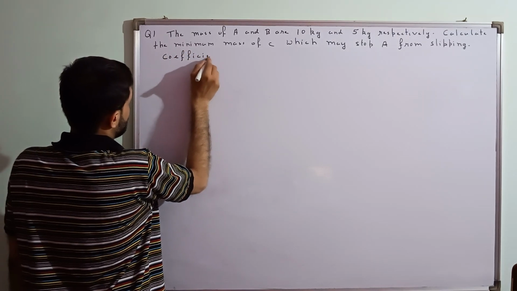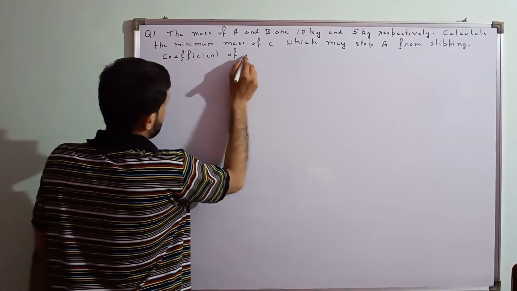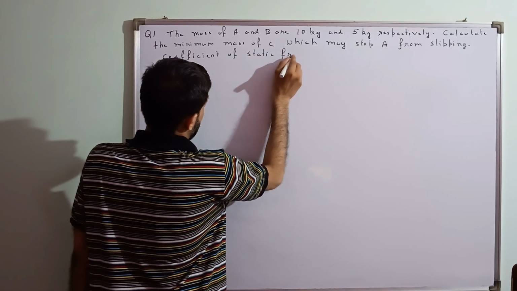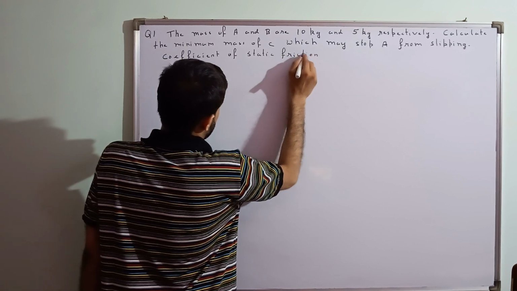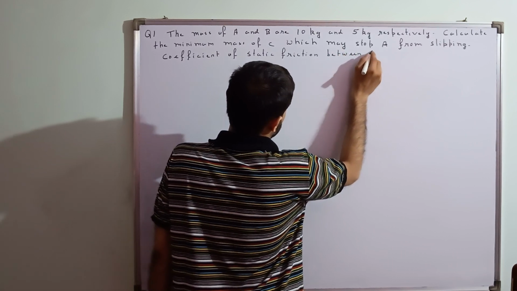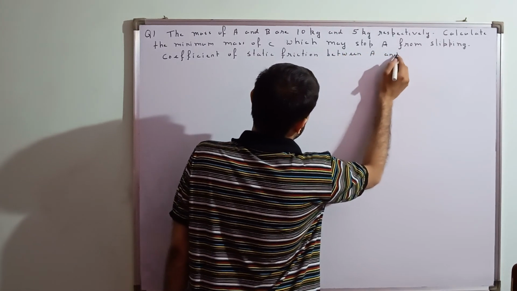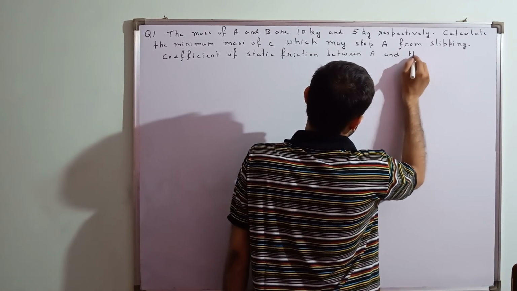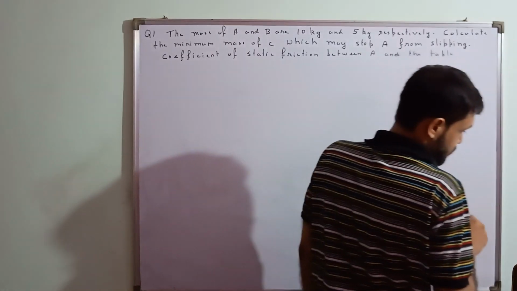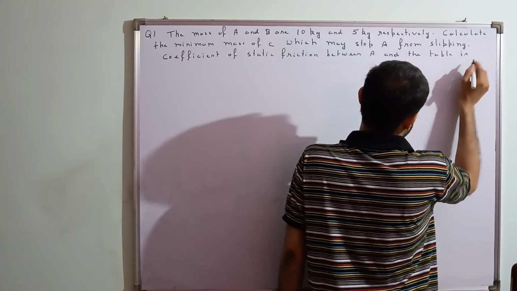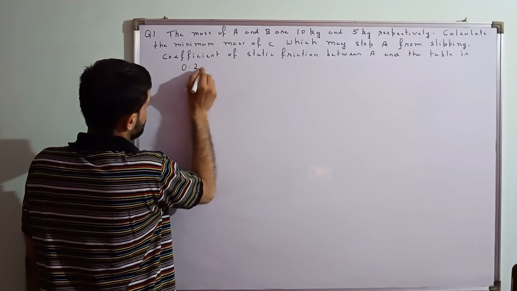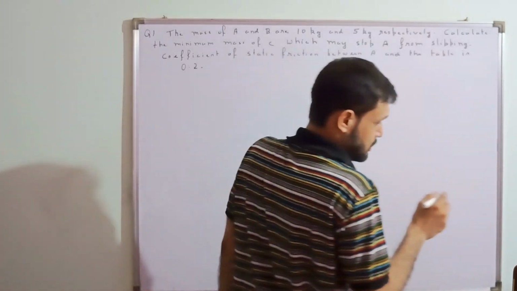So the coefficient of static friction between A and the table is what they are giving? They are giving it as 0.2. Okay, now let's draw the question.